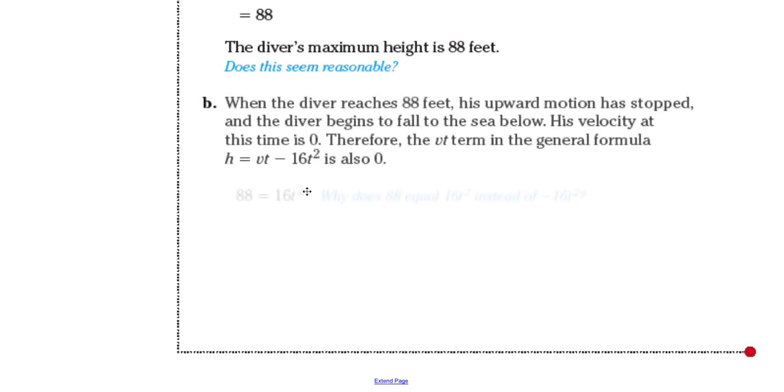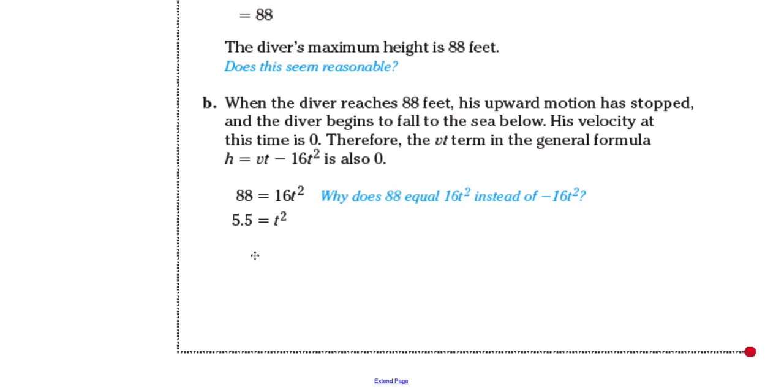So 88 equals 16t squared, because v times 0 will always be 0. Then we simply solve for t, dividing both sides by 16. We end up with t squared equals 5.5.